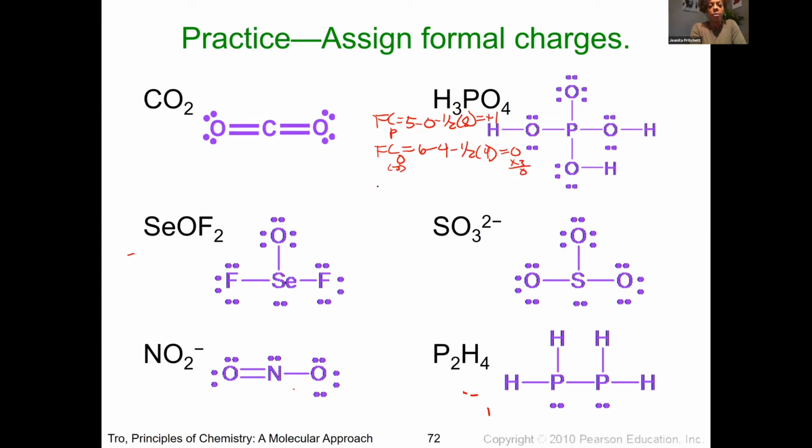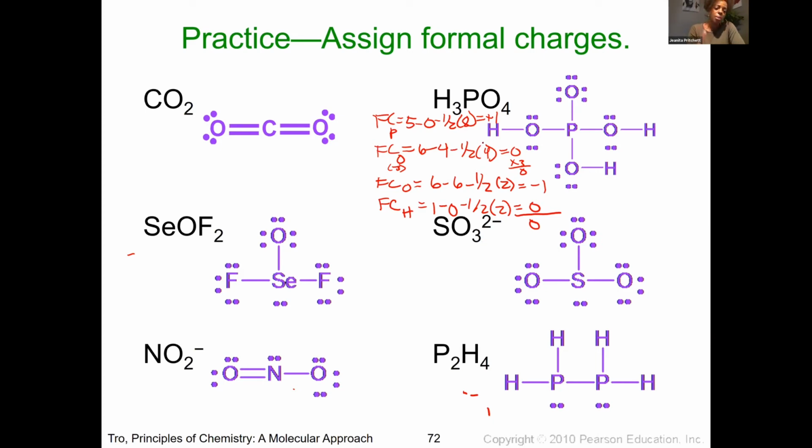And then the formal charge for the oxygen on top would be 6 minus 6 minus 1/2 of 2 gives us -1. And then the formal charge for each hydrogen, again, they're the same bonding pattern, so we can do it once and then multiply at the end. So that would be 1 minus 0 minus 1/2 of 2, or -1, gives us 0. When we add all that up, we do end up with 0, so that's good.